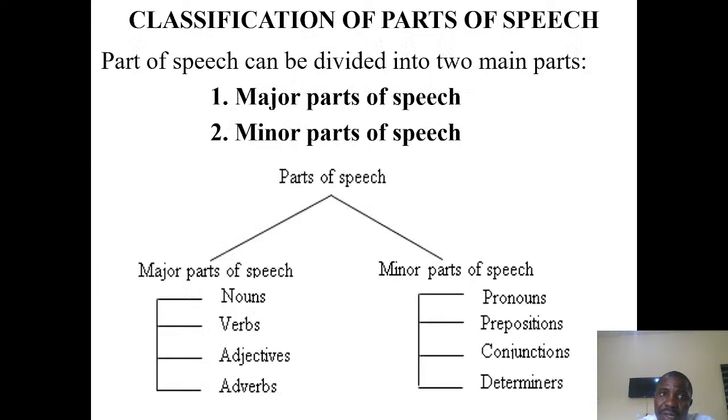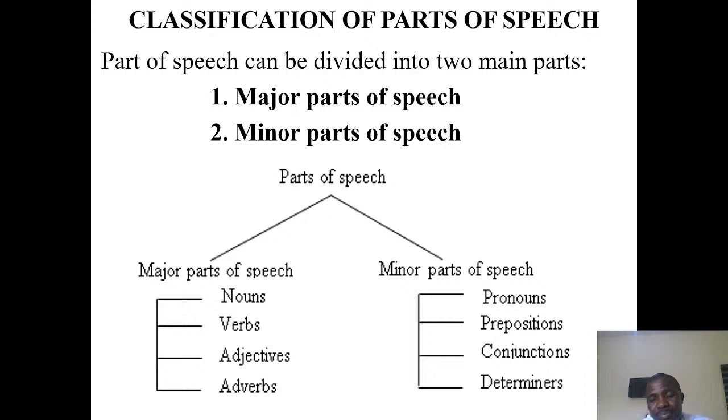Look at the classification of parts of speech. You can see the major parts of speech and the minor parts of speech. Within the major, we have the noun, the verb, the adjective, and the adverb. Within the minor, we have pronoun, preposition, conjunction, and determiner. Now, why do we call them major and minor?